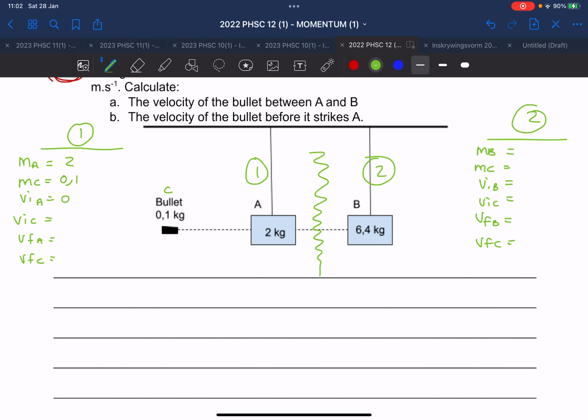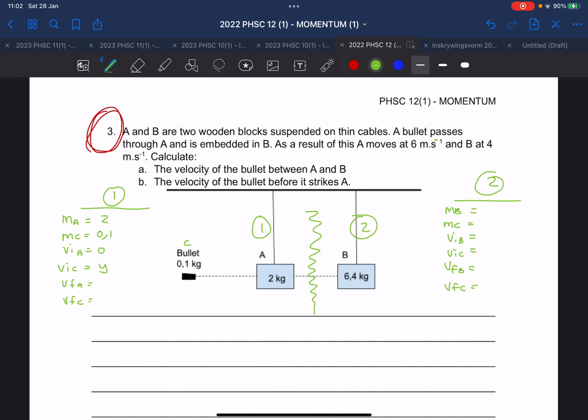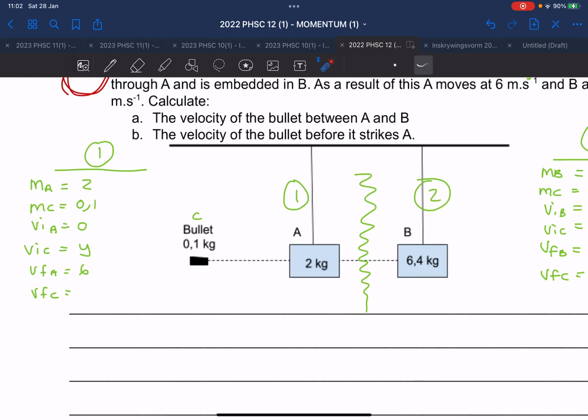The initial velocity of C, the bullet, we don't know, and I'm going to make that Y. The final velocity of A, they tell us A moves at 6. So after the bullet has passed through, it's 6. And the final velocity of the bullet, after the bullet has passed through A, we don't know. It's not 6, it's not inside the block. I'm going to make that X.